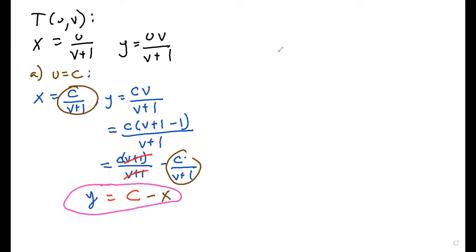Let's now look at part B. This is asking us to do the same thing, just with v is equal to c this time. So we do v is equal to c. Same thing, we leave the u alone and replace v with c. So x is equal to u over c plus 1. Y is equal to u times c over c plus 1.